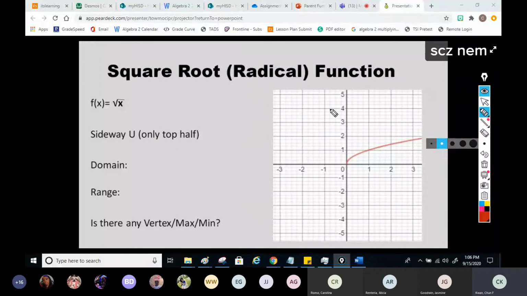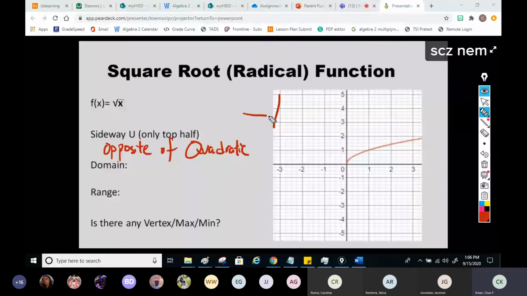So this graph is the opposite of quadratic. Let's take a look at how it is opposite. The quadratic function we learned earlier looks like a letter U. But what if we push it over sideways like this?